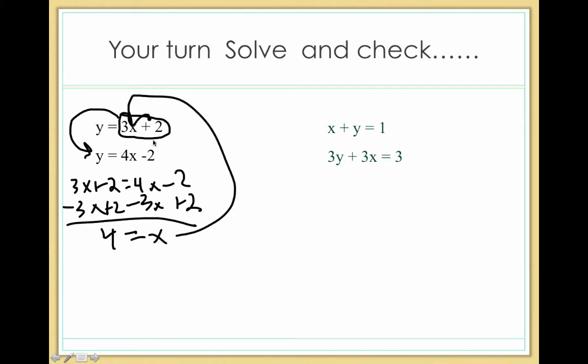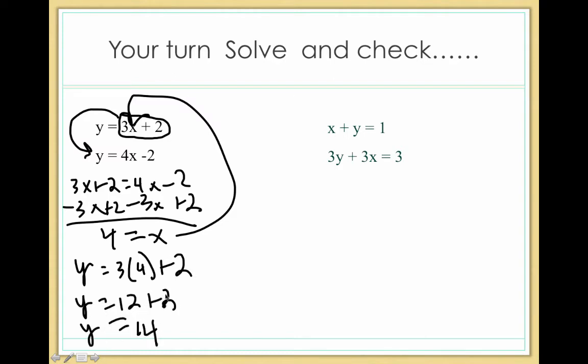Take that, put it back up into one of the originals. y equals 3 times 4 plus 2. y equals 12 plus 2. y equals 14. My ordered pair is (4, 14). That's a good example of why we probably wouldn't have graph paper that reaches to 14. It would be a pain to do it by graphing, so let's do it by substitution.